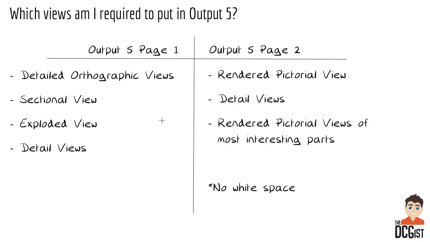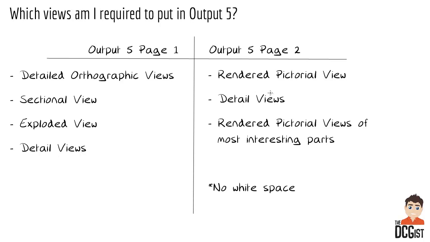Now that we know what is required in output 5, we can look at where we're going to put all of those required views. I've laid them out in this way because I find that this is the best way that they fit onto the sheets, but you could move them around so long as you have all of the views in your 2 pages. So on page 1, I tend to put the detailed orthographic views, a sectional view, an exploded view, and then some detailed views.